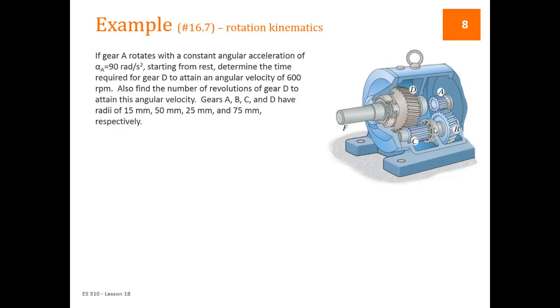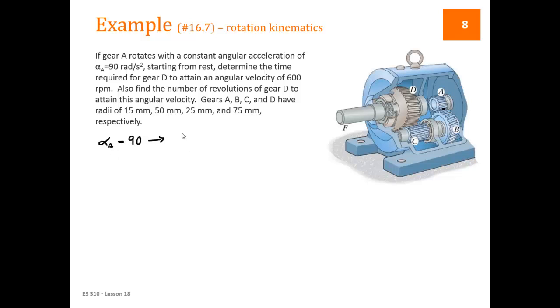So let's take another look at an example here. Here we have a series of gears that are meshed, and this includes the kinematic equations that we have been seeing. So we start at point A. We're given alpha of A is equal to 90.